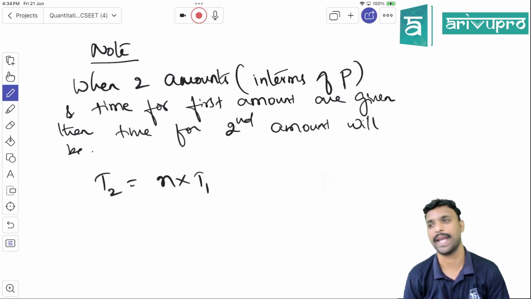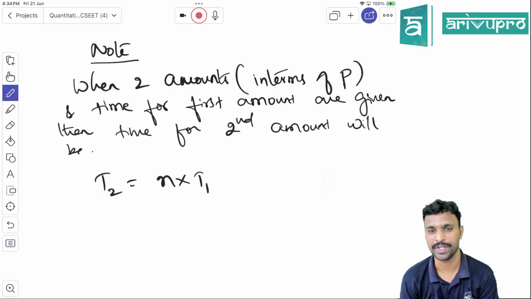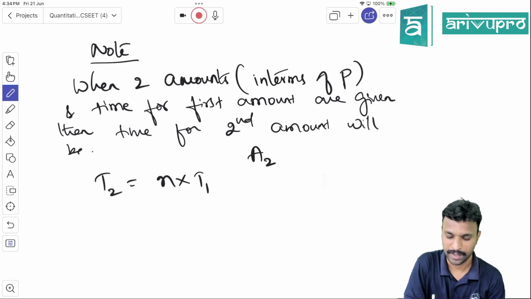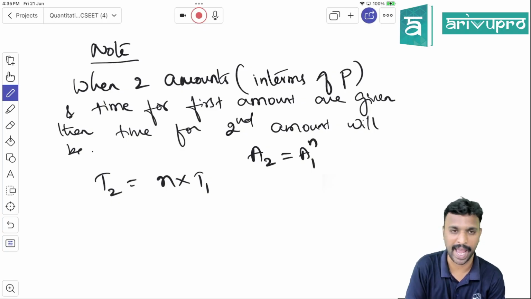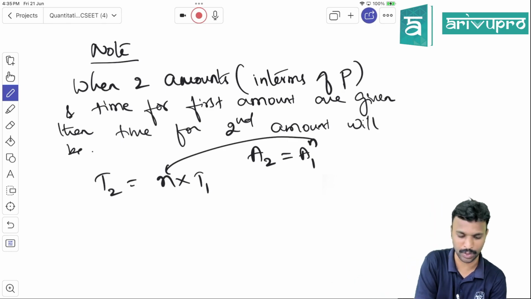I'll tell you what N is. Please understand, for such questions, the second amount should be expressed in terms of the first amount power N. That N is only this multiplier. When you see the question, you will understand. Please write this down, this note.